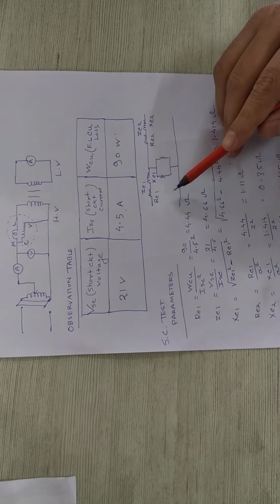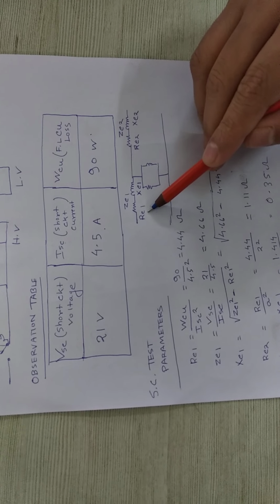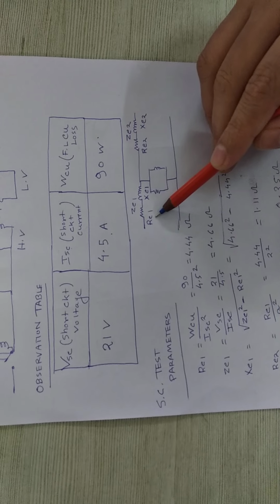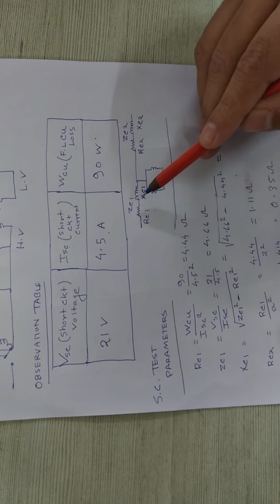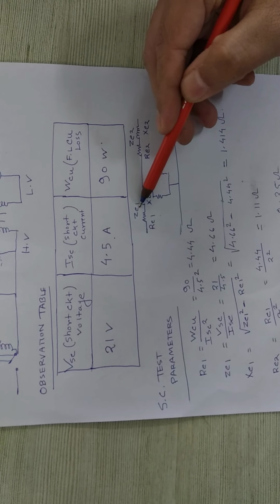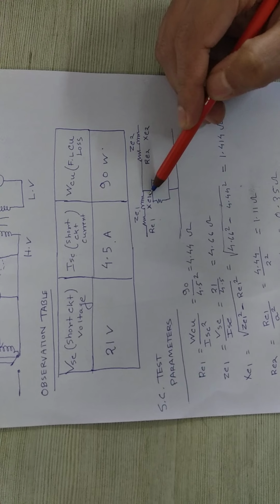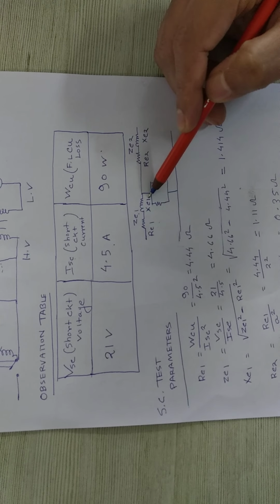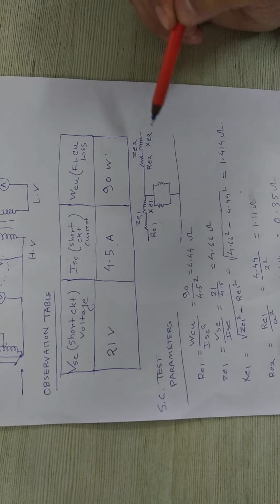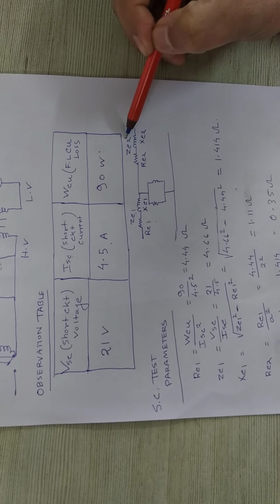So here you can see that is the RE1, that is the equivalent resistance referred to primary, ZE1, that is the equivalent impedance referred to primary, and that is XE1, that is the equivalent reactance referred to primary. And that is RE2, XE2 and ZE2, that is the referred value of secondary.